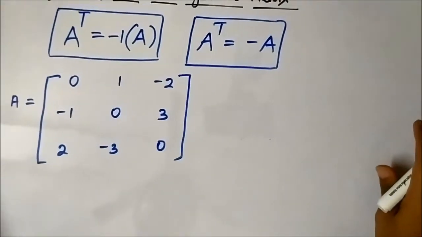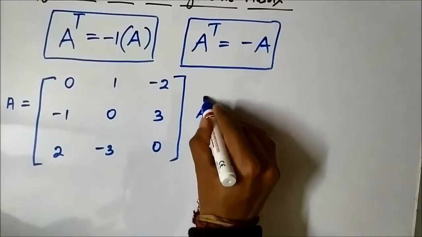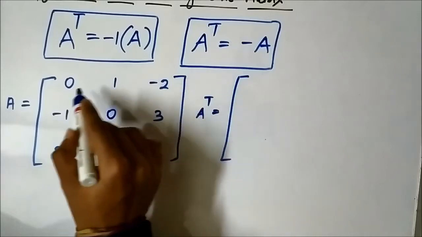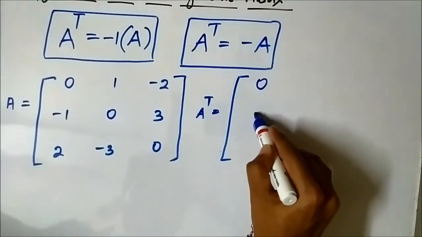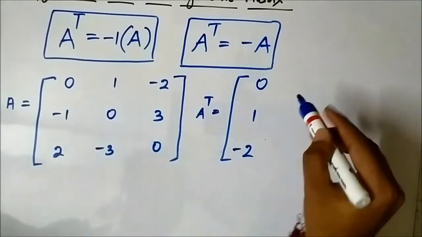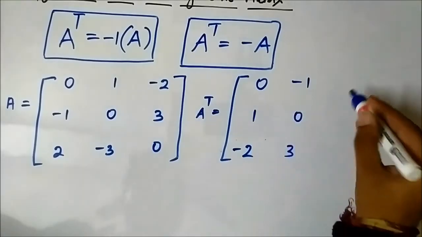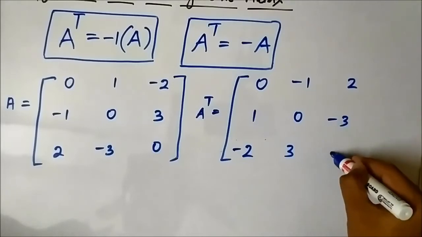The transpose of the matrix will be, with the same concept, we interchange the rows and the columns. So the first row becomes the first column: 0, 1, minus 2, then minus 1, 0, 3, then 2, minus 3, 0.